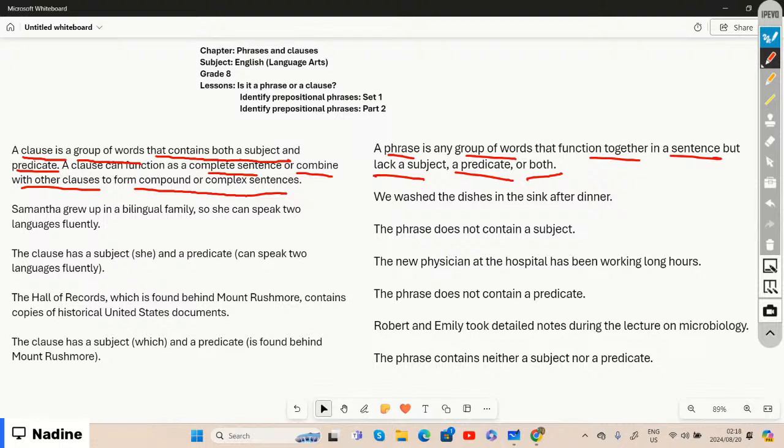All right. And if we look at another example, it would say the new physician at the hospital has been working long hours.